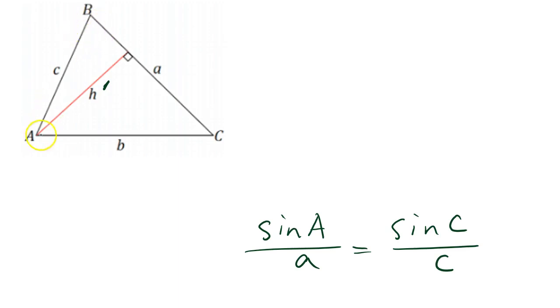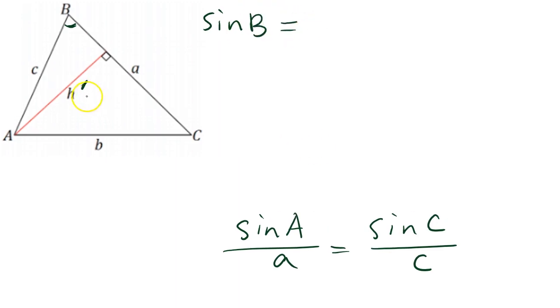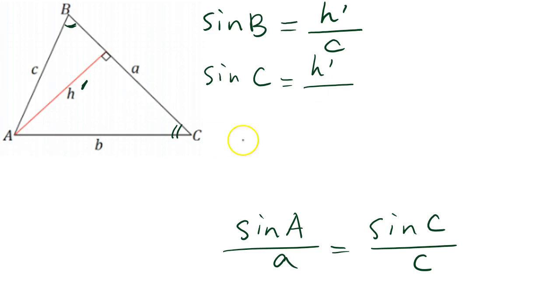Now let's look at this right triangle right here. We're gonna have sine B equals opposite over hypotenuse, so that would be H prime over C. And then if we look at this right triangle, sine C is going to be opposite over hypotenuse.